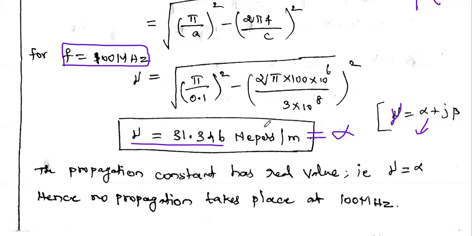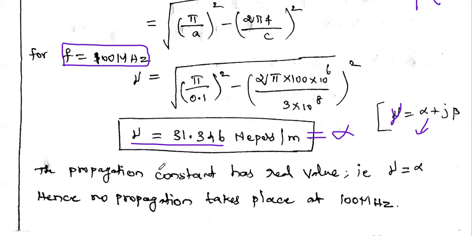What is the unit for attenuation constant? Nepers per meter. If the propagation constant becomes the attenuation constant, what is the meaning? It means the wave gets attenuated, so no propagation takes place at this frequency 100 megahertz.